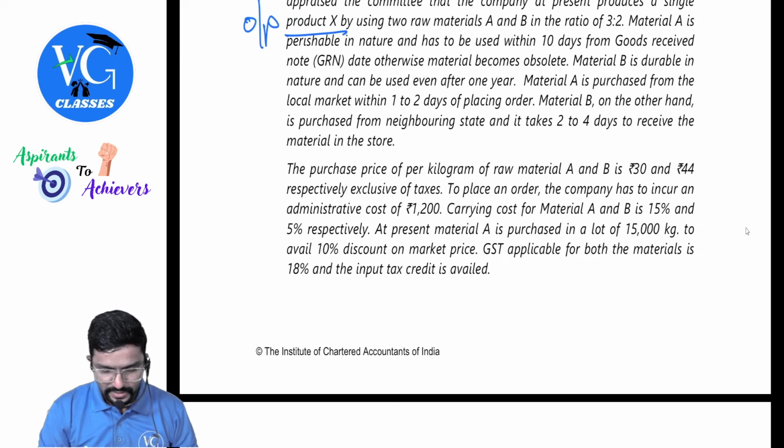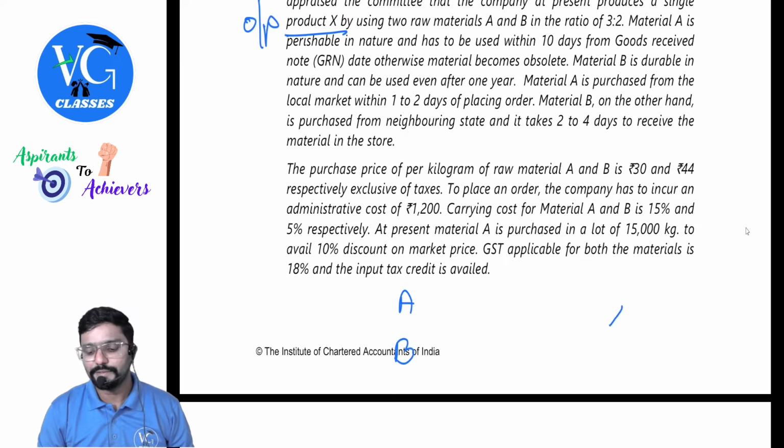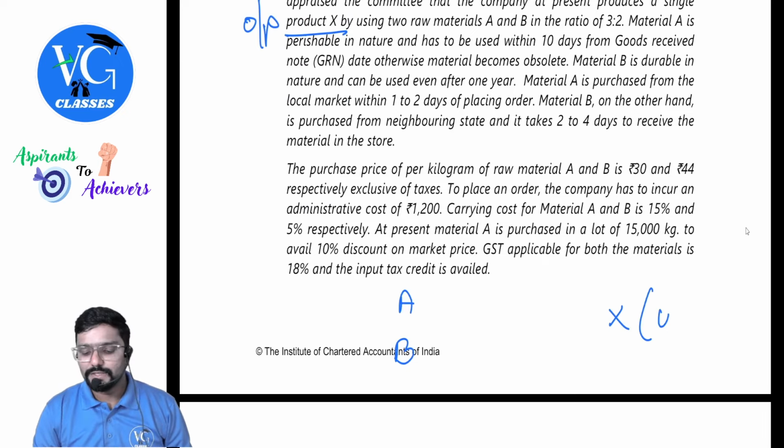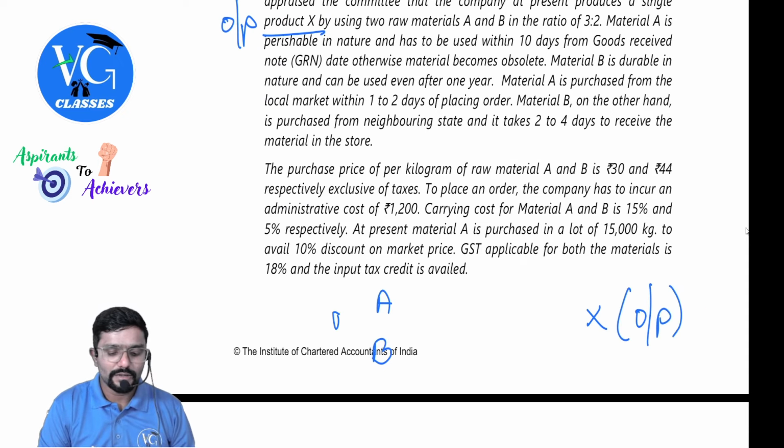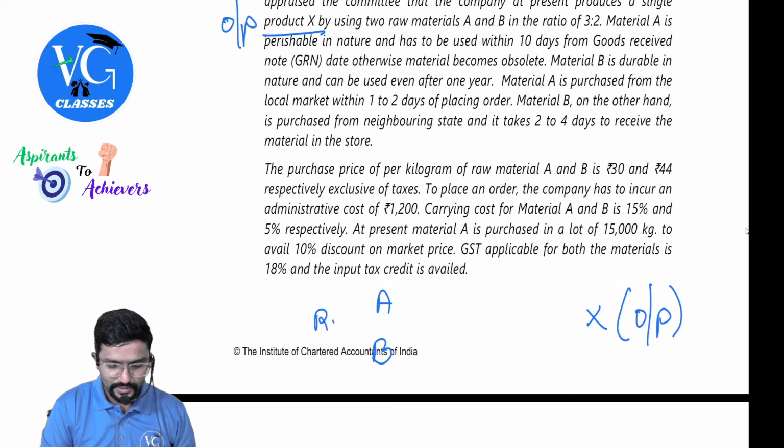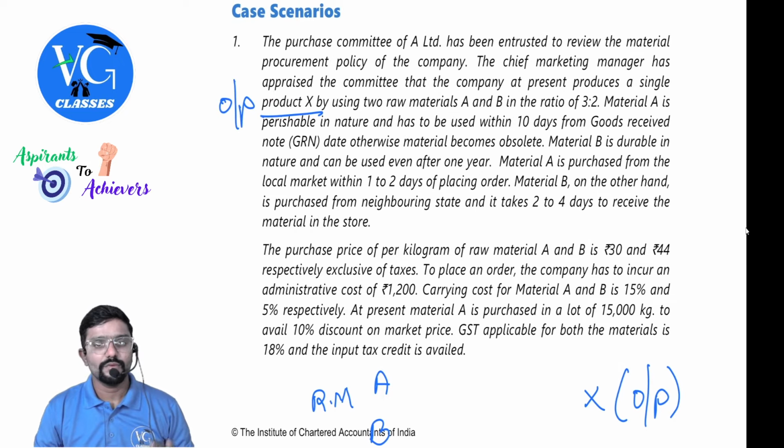Let me write somewhere. Sir, output is X, but raw material is A and B. Now this is output, whereas these are raw material or input. So the raw material input ratio is 3:2.